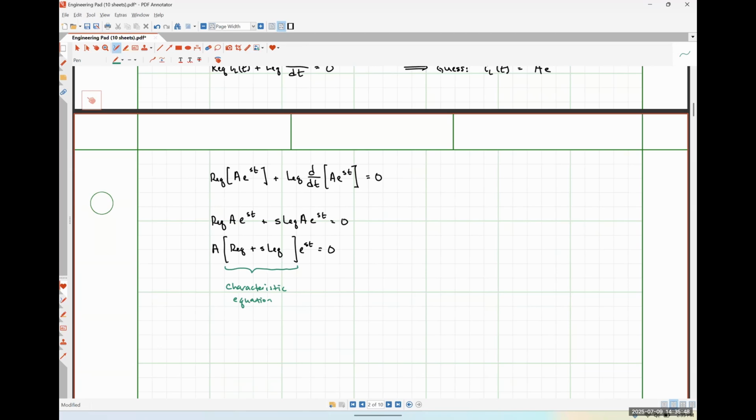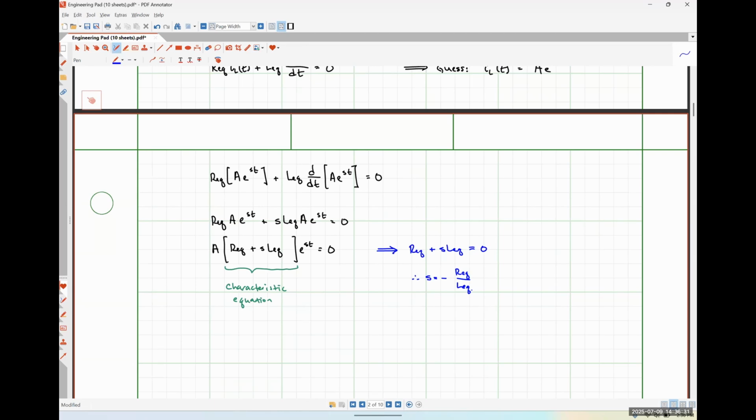So really, what we're doing is trying to figure out what makes our characteristic equation equal to 0, which will wind up being some very specific value of S. If I say that REQ plus S times LEQ is equal to 0, then I can simply solve for S. And what I will find is that S is going to be negative REQ over LEQ.